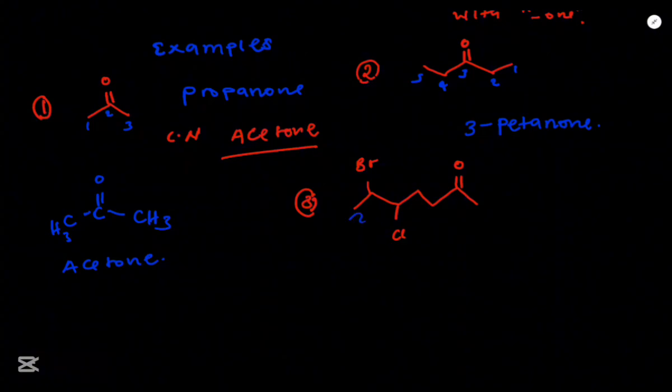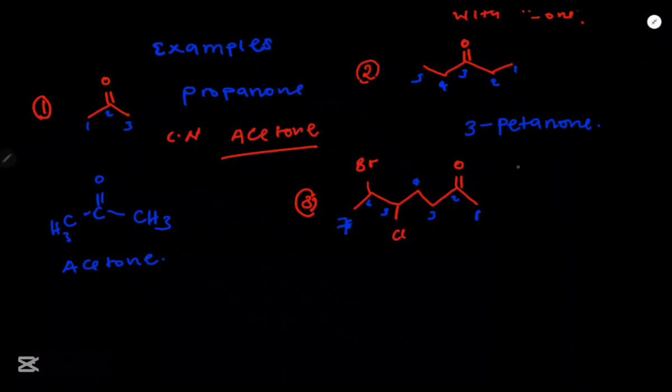We're not going to start from here. Instead, we're going to start from here, because this carbon is near to the function group. So this is carbon 1, carbon 2, carbon 3, carbon 4, carbon 5, carbon 6, carbon 7. So I have 7 carbons in this molecule. Now let's recognize the position of side groups.